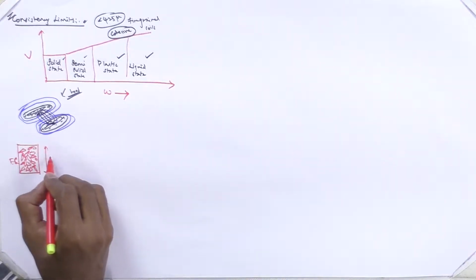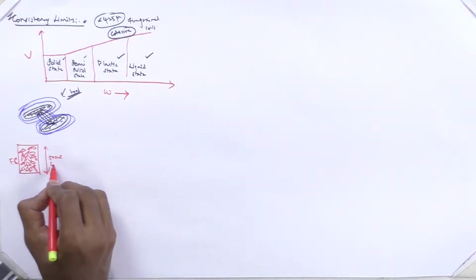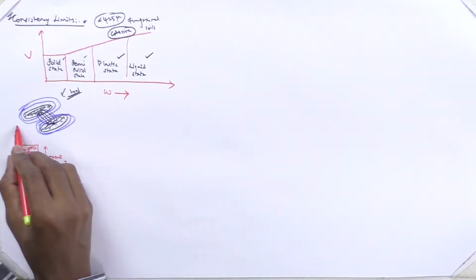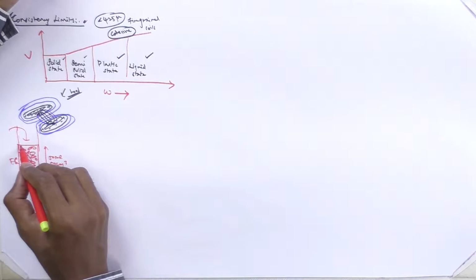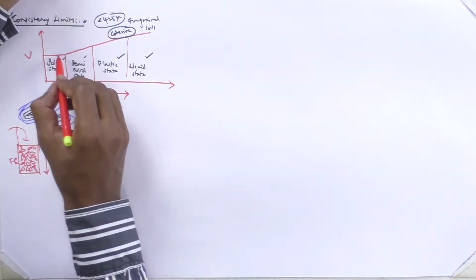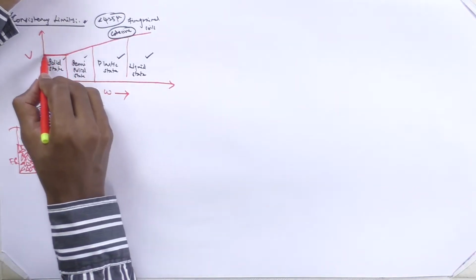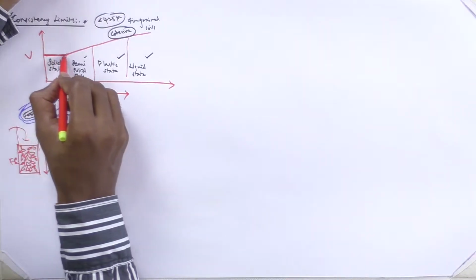Now say it is 50 ml or 50 cubic centimeters in a measuring jar. Once you add water, up to the solid state, the volume is constant.